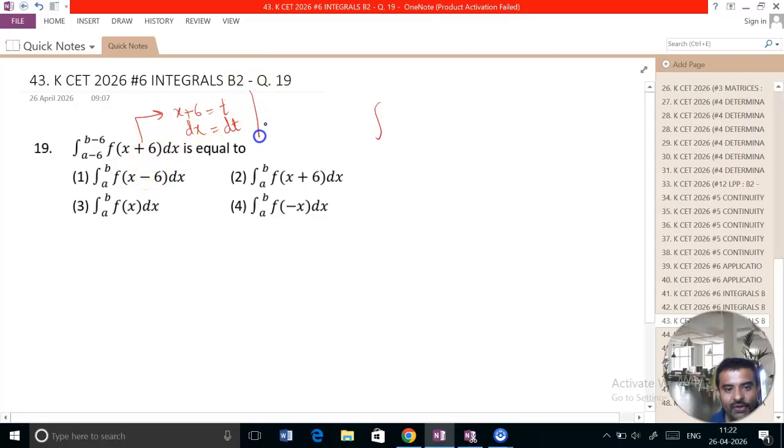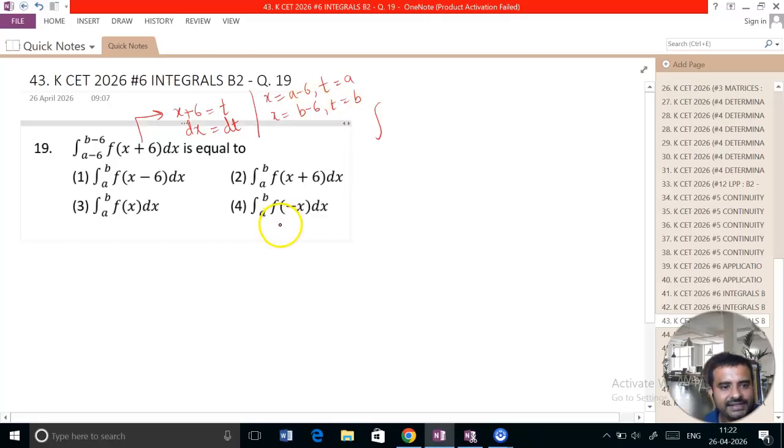And you should know, whenever we take the substitution method in a definite integral, the limits will change. When x is a minus 6, t is your a. When x is the upper limit b minus 6, t will be your b.